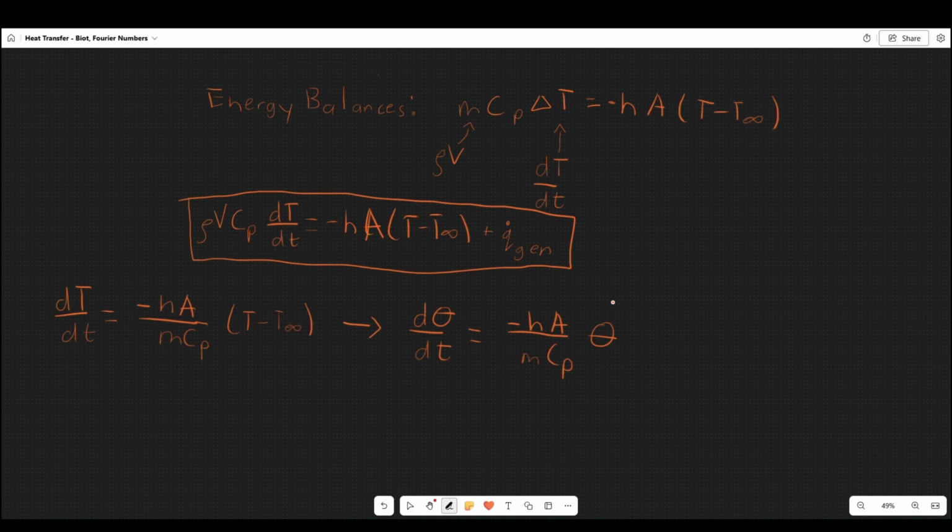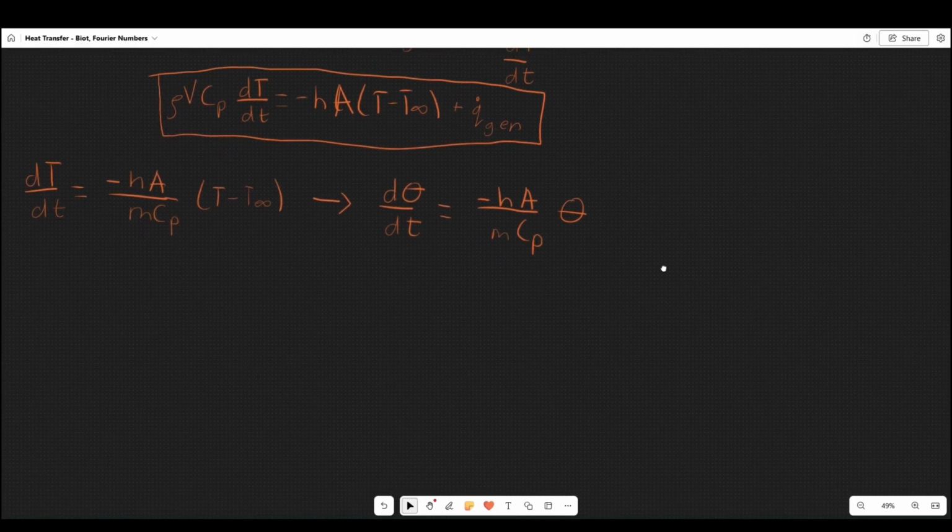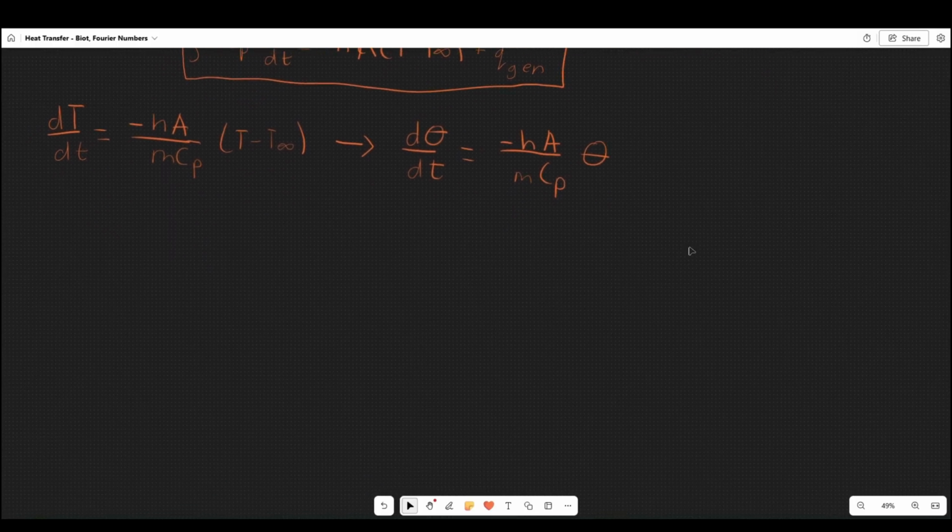Yeah. And so if we were to solve this with the boundary conditions that we have, what we get is that theta of non-dimensional time is equivalent to e to the minus hA divided by mCp times non-dimensional time.